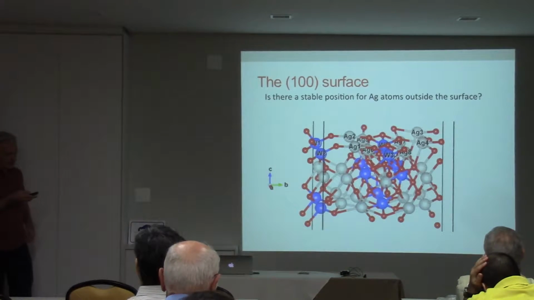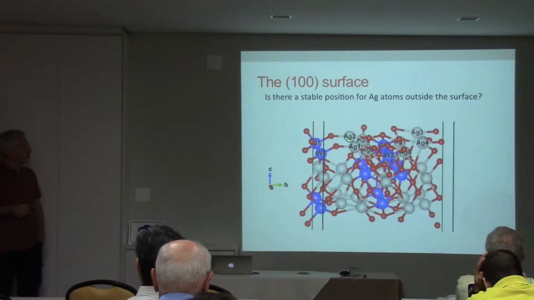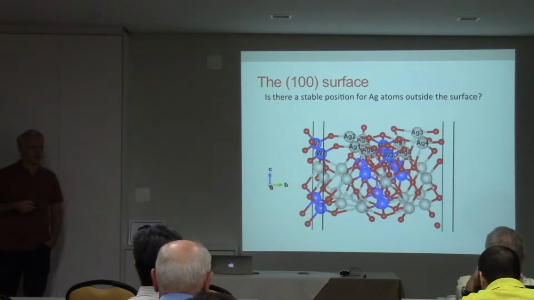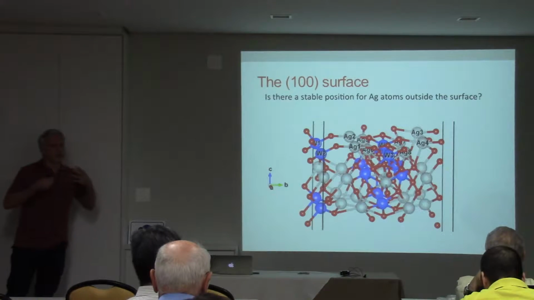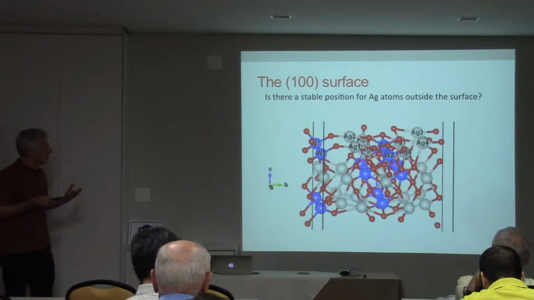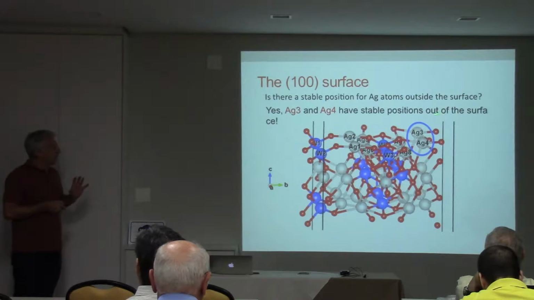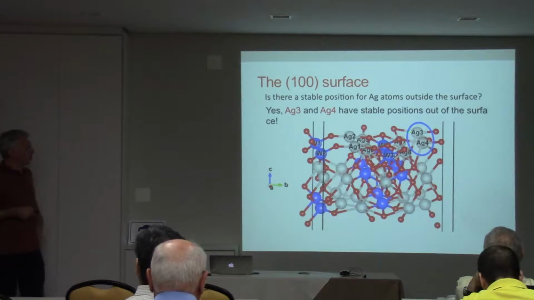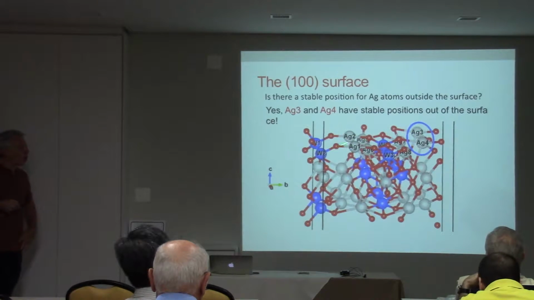First of all, we try to see if these silver atoms can exit the surface, if they can diffuse outward and initiate this process. To do this, the first thing is to find a stable position outside of the surface. And we find that not all of the silver atoms behave in the same way.